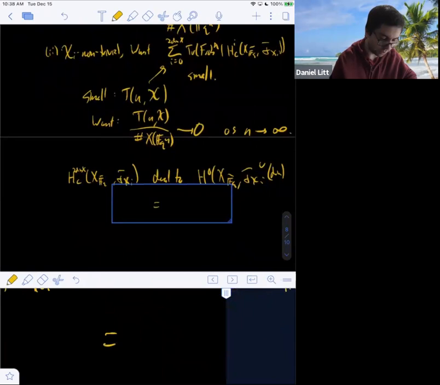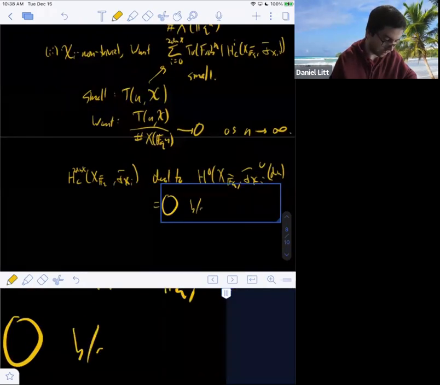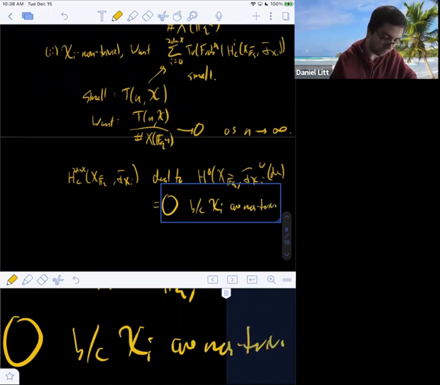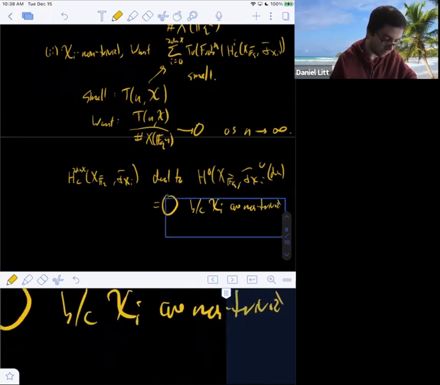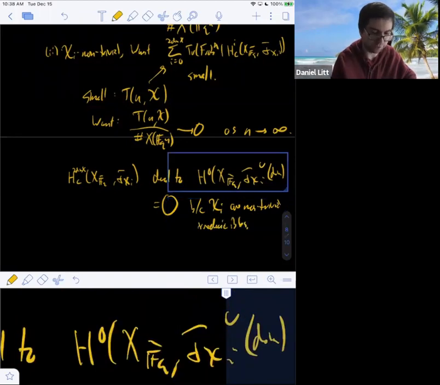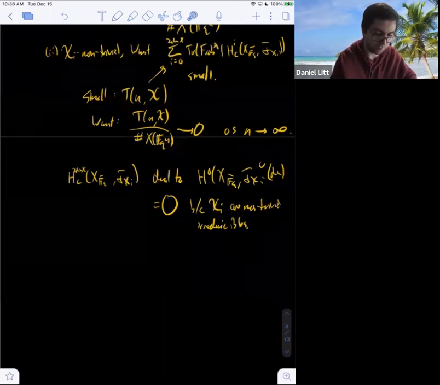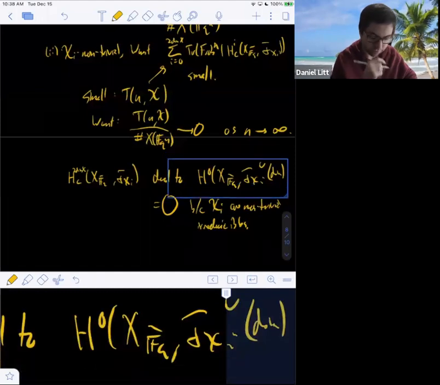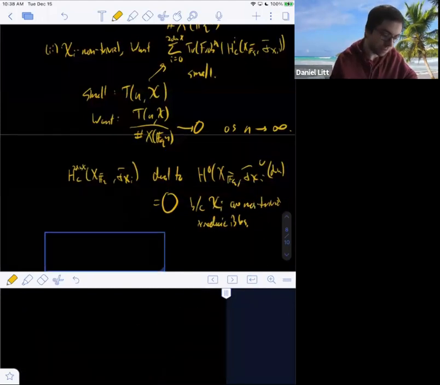and this is equal to 0 because the chi I's are non-trivial irreducibles. They have no fixed part. Right. So this piece is precisely the fixed part of the representation.